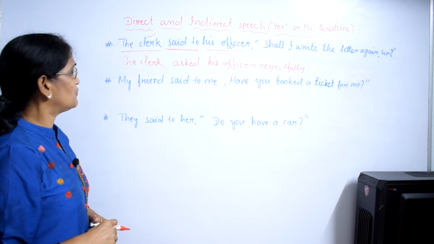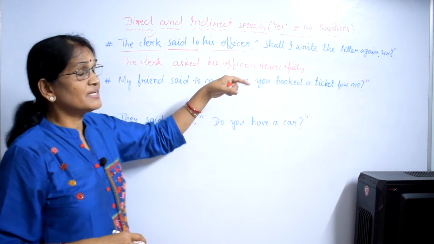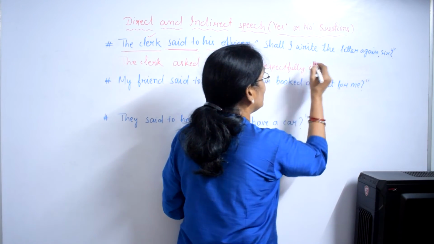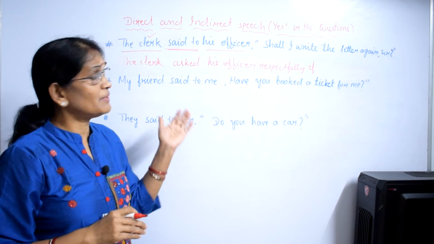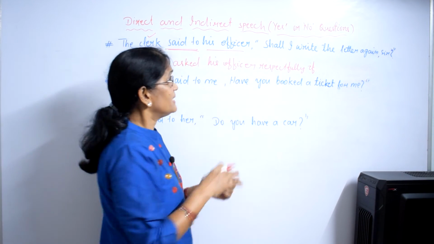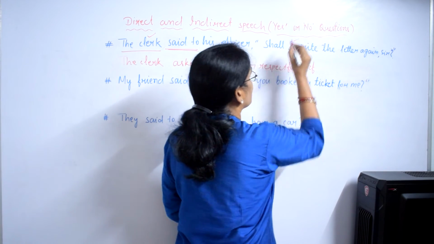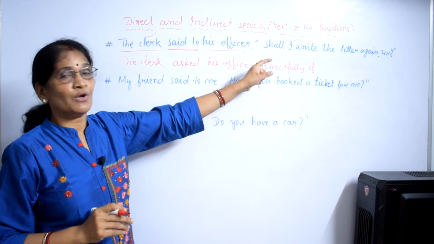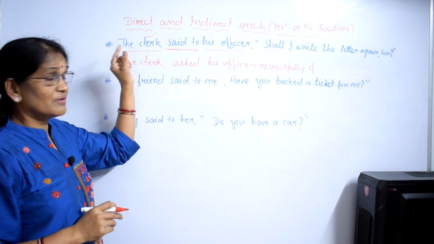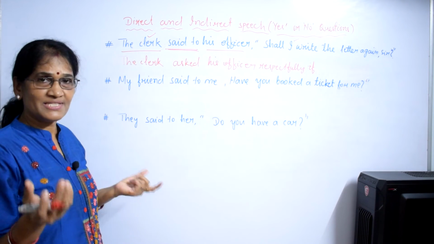Okay? Respectfully. The clerk asked his officer respectfully if. What I told in the yes or no question, while you change it from direct speech to indirect speech, the conjunction if will be added. If, then the subject. Subject first person pronoun I will be changed as per speaker. Speaker the clerk. For the clerk, the pronoun is he.